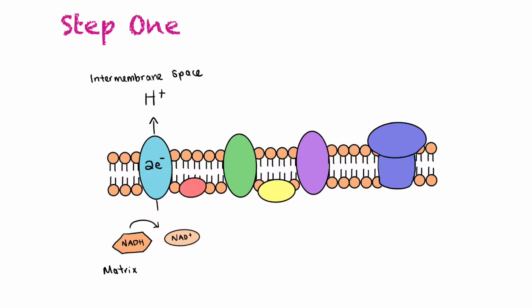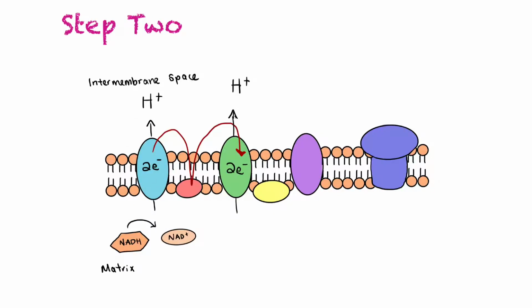This first electron carrier here is known as NADH dehydrogenase, so the name explains what it does. So it takes off a hydrogen and the electrons from NADH, so NADH dehydrogenase. The electrons that were released from NADH are then passed to a mobile carrier protein, which transports them to the next embedded carrier protein.